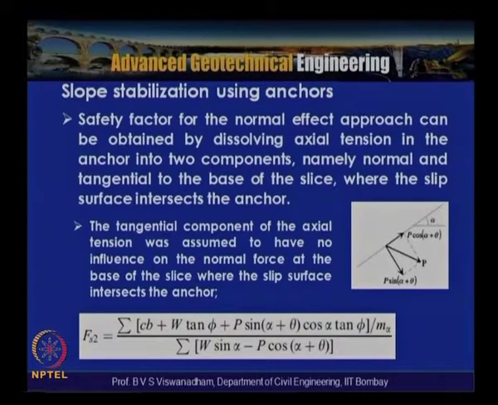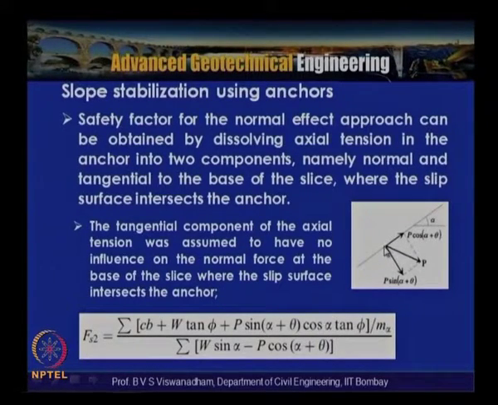The safety factor for the normal effect approach, with the particular resolution that has been discussed, uses P sin alpha plus theta and P cos alpha plus theta. The safety factor for the normal effect approach can be obtained by resolving the axial tension in the anchor into two components, namely normal and tangential to the base of the slice, where the slip surface intersects the anchor.